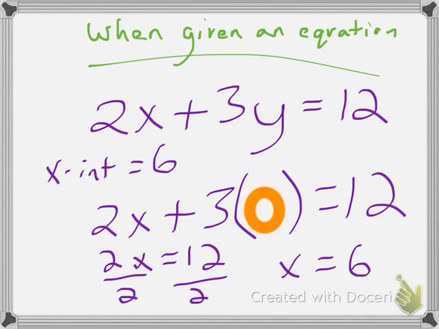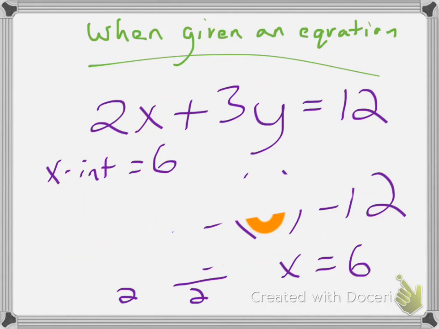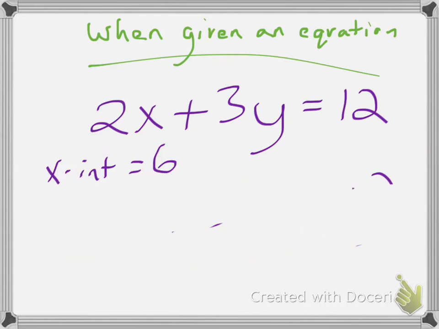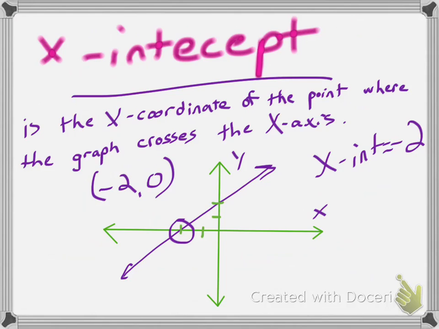So let's do this over again, but for y. Let's try to find the y-intercept. The y-intercept is opposite of the x-intercept. So let's go back over here. The point for the y-intercept would be 0, comma 2, where x is 0.